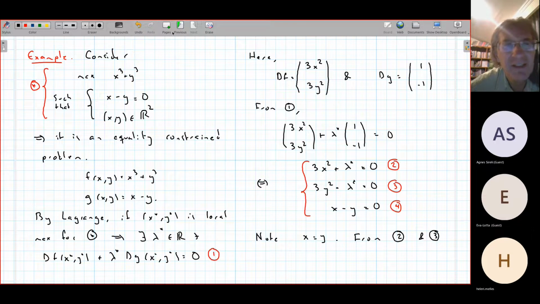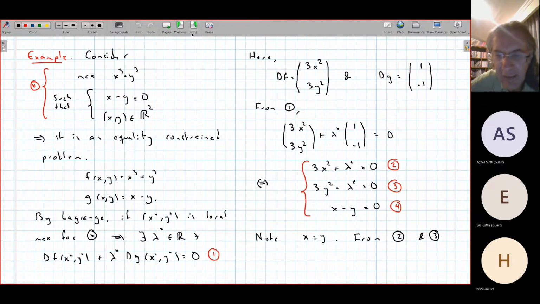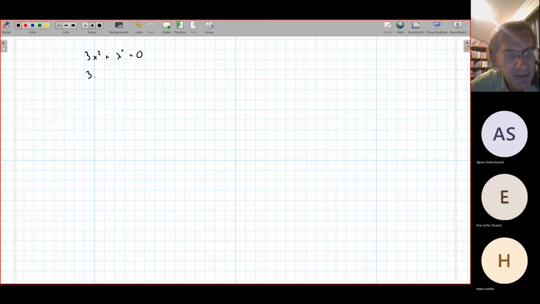So let's see. So you have 3x squared plus lambda star is equal to 0. And 3x squared minus lambda star, that's equal to 0.